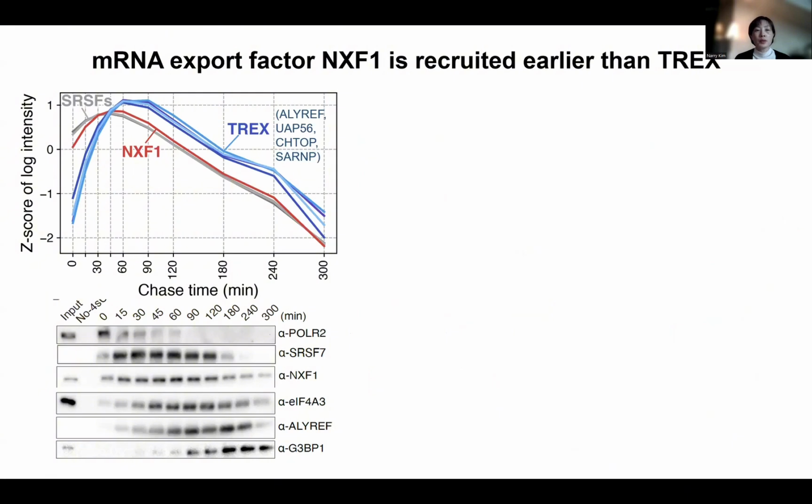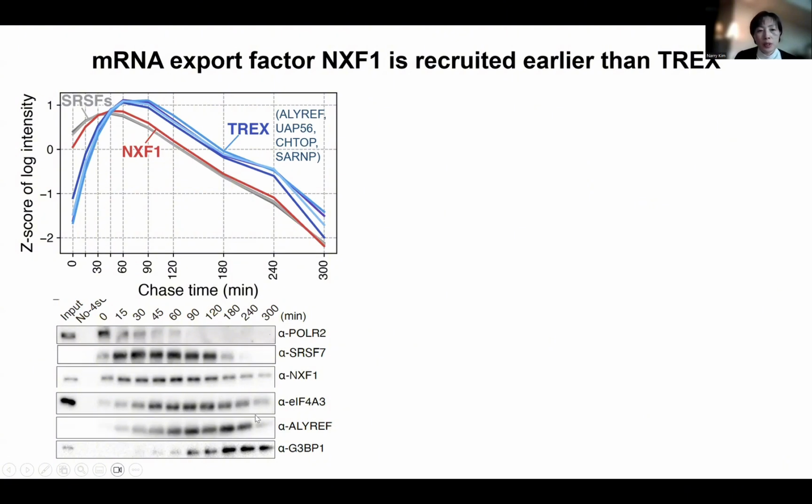So I would like to highlight some unexpected findings we made. First one is the mRNA export factor NXF1, which is recruited earlier than TREX. So that was rather surprising. So NXF1 is detected slightly later than SRSF proteins, but clearly earlier than TREX components.